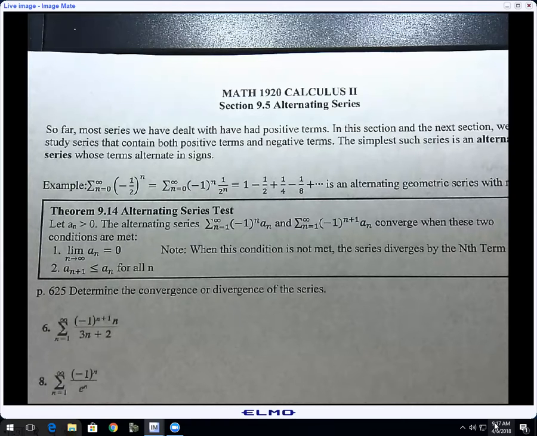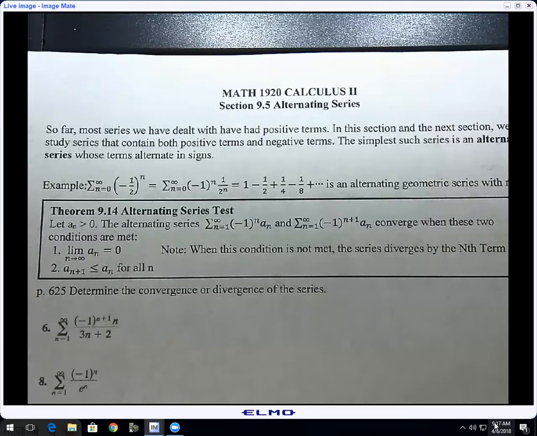But when the limit of the nth term is 0, and we can prove that the series is decreasing, which we're just going to look at the graph, a sub n plus 1 is less than or equal to a sub n, means the series is decreasing after maybe the first few terms. Remember, it doesn't really matter if the first few terms are decreasing, as long as after some finite number n, it's decreasing forever after that.